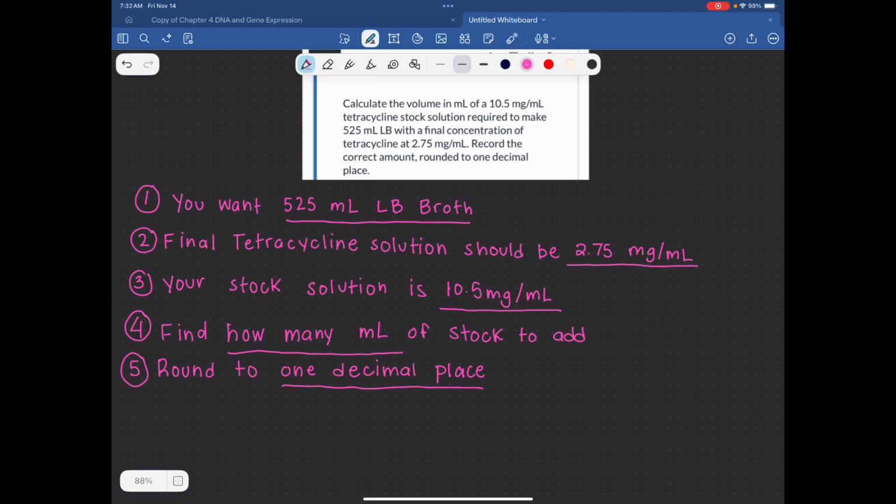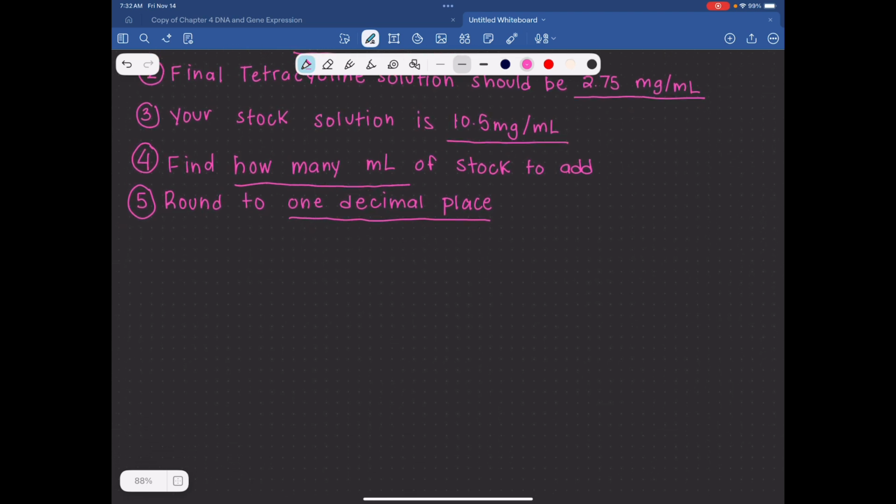So to do this, we're going to use our handy dandy dilution formula, C₁V₁ equals C₂V₂.